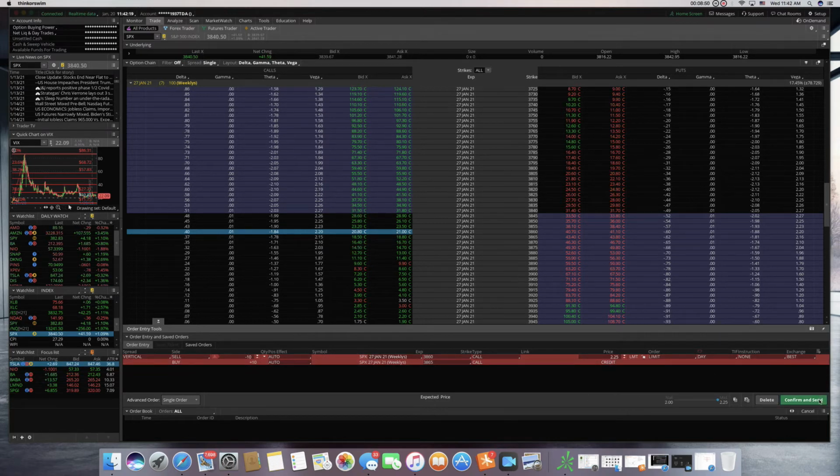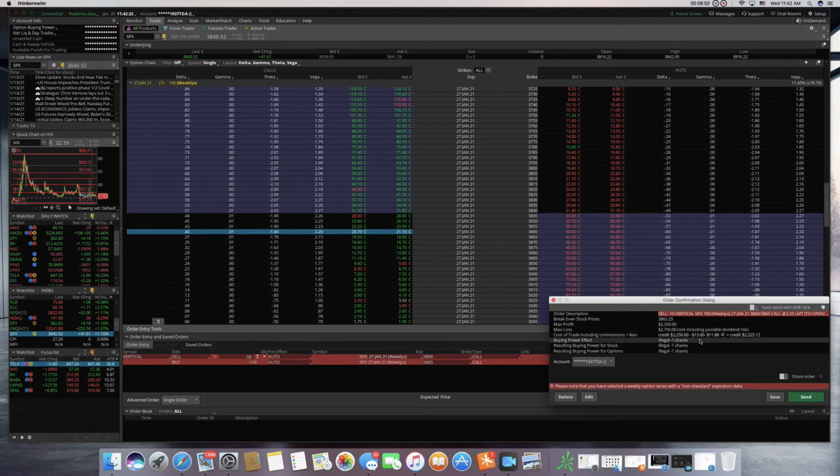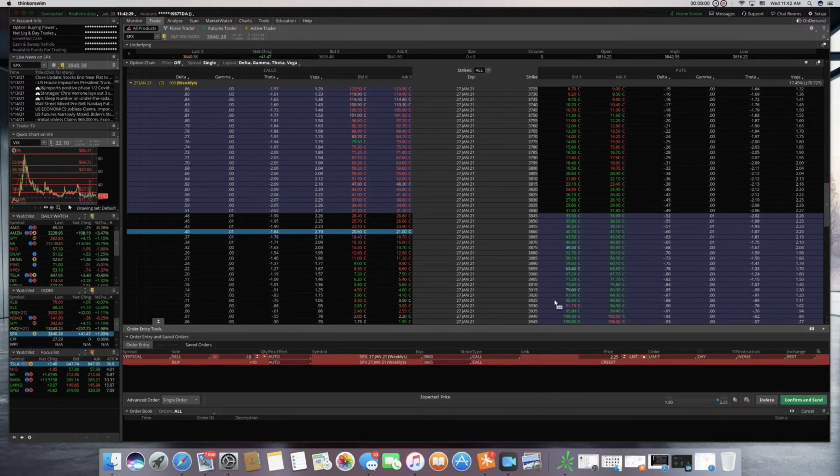Now, when I put this on, it gives us a max profit of $2,000, and it shows us our max loss. I'm 7 days out, and this delta shows a 40% chance that this option could expire in the money.